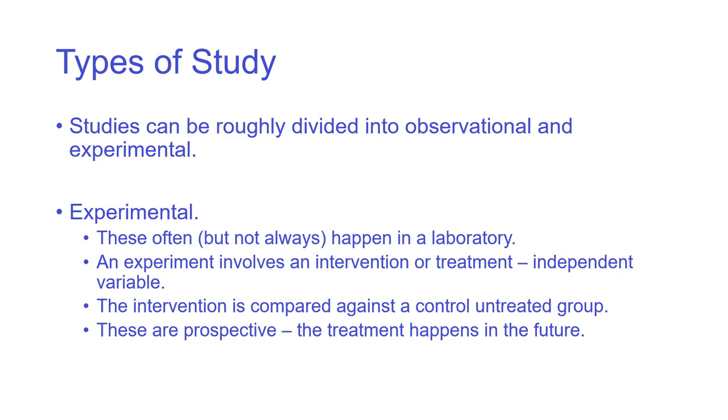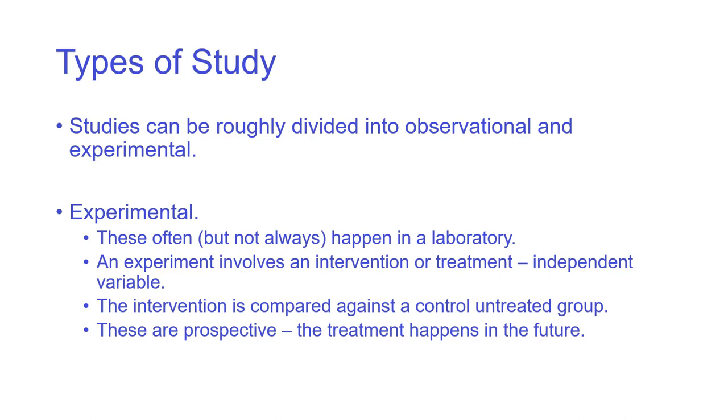It has a controlled environment, but most importantly, you're using an intervention or treatment, and you're expecting some kind of response to this intervention or treatment. So you compare a treated group to an untreated or controlled group. They're always prospective, as in you're carrying this out and seeing what happens in the future.